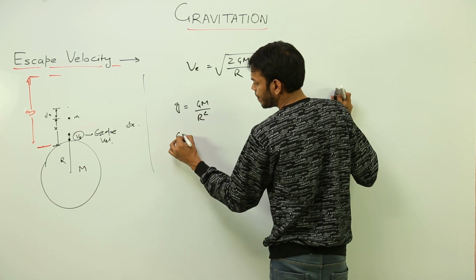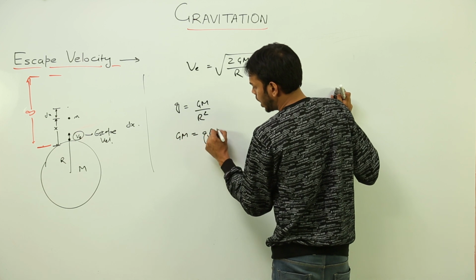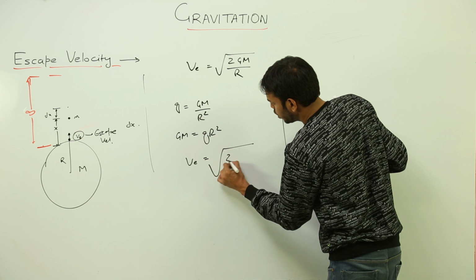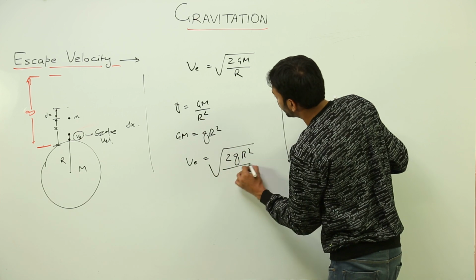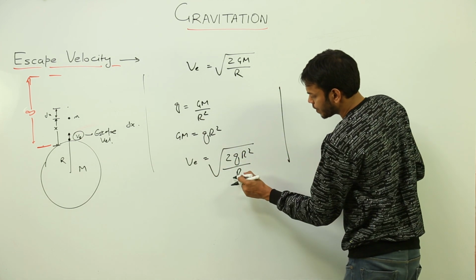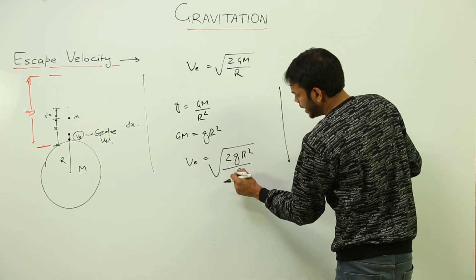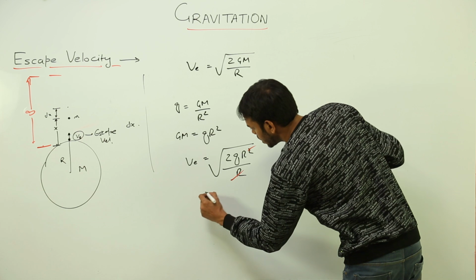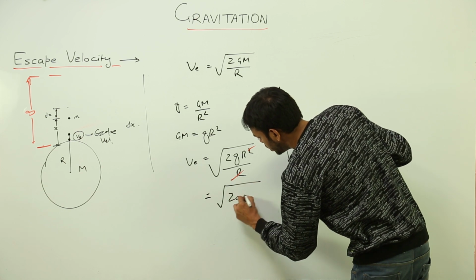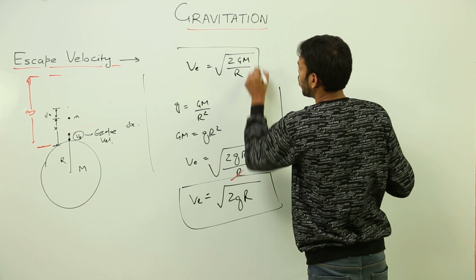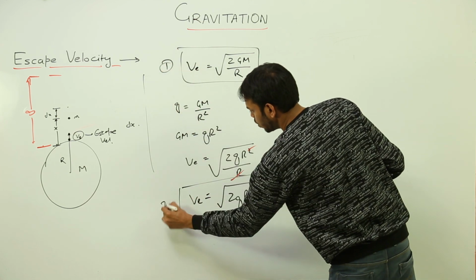Therefore, GM is equal to g r square. Put this value here, I'll get 2 g r square over r, and this is one of the most commonly used formulas, which is under root 2gr. This is escape velocity. Another formula. This is 1, this is 2.